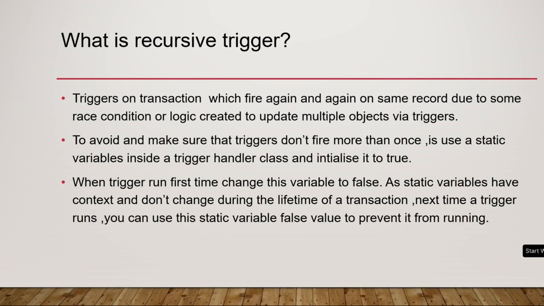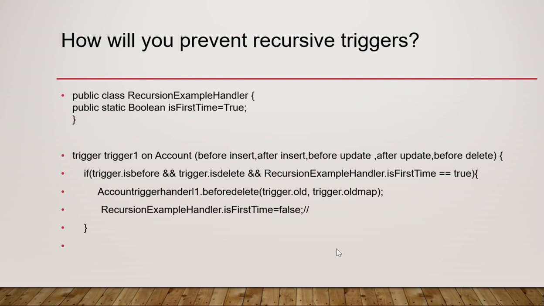Suppose you log in and create one record, three records, four records; in the first stage it is true, and you make it false in the first occurrence of the trigger. That value will remain until the transaction is over. So this is an example of how you will prevent recursive triggers.